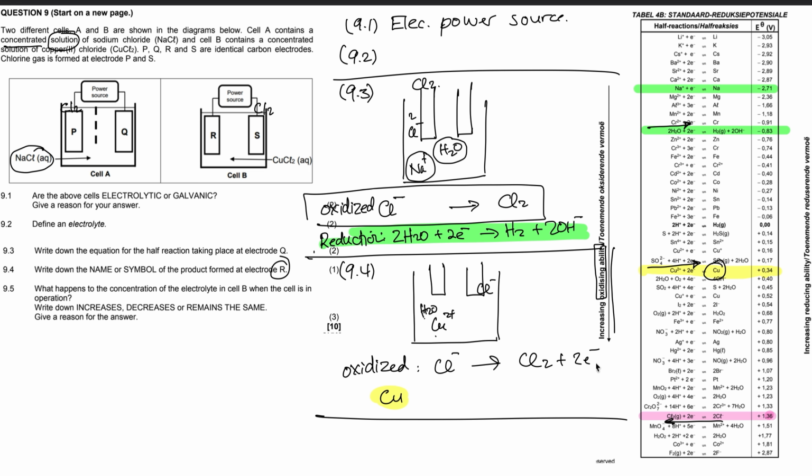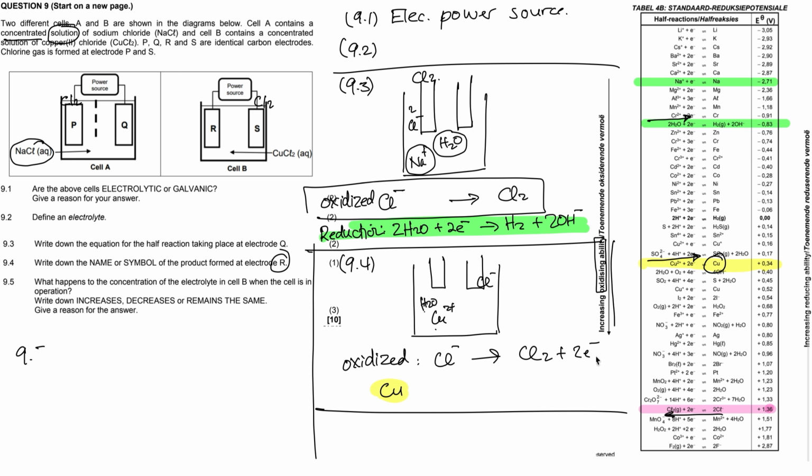Question 9.5. What happens to the concentration of the electrolyte in cell B when the cell is in operation? Write down increases, decreases, or remains the same. Give a reason for the answer. So you can think of it like this. If I have Cu2 plus, and the Cu2 plus is going to be reduced and form copper solid on the electrode, I'm going to have fewer and fewer Cu2 plus ions in solution because they are coming out of solution.